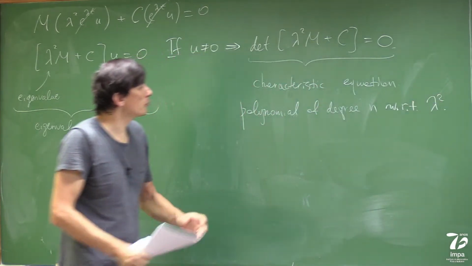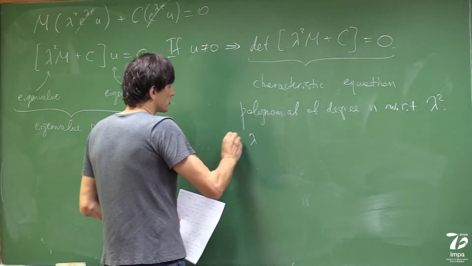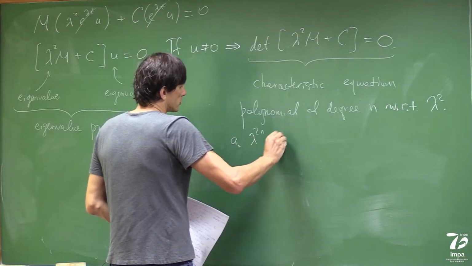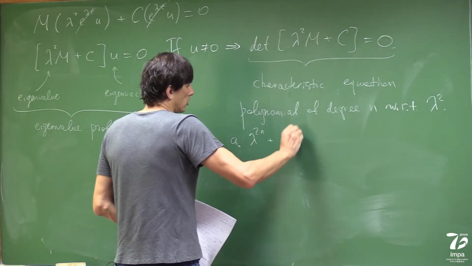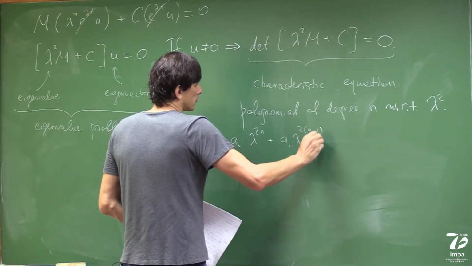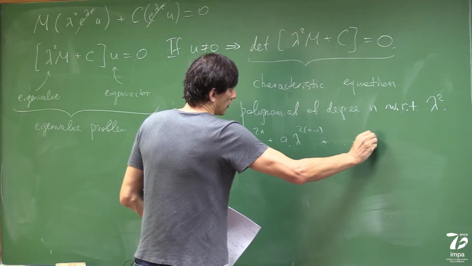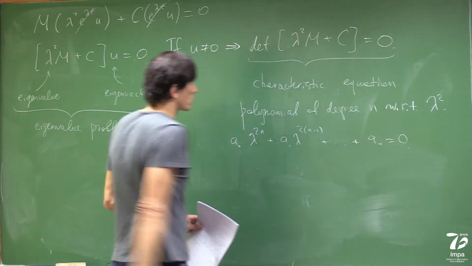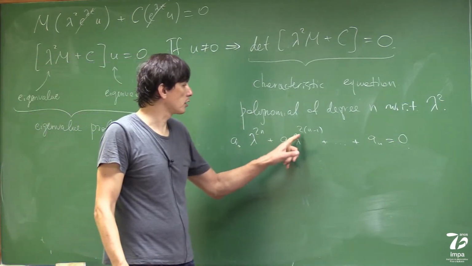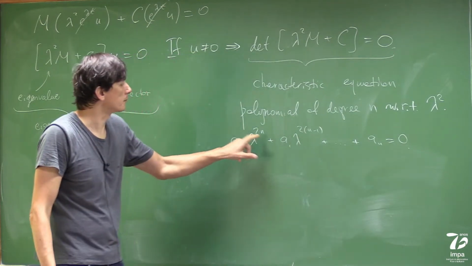So it can be some coefficients a0 lambda^(2n) plus a1 lambda^(2n-2), until a_n. So it will be a polynomial with respect to lambda squared, right? So only even powers starting with the power 2n.